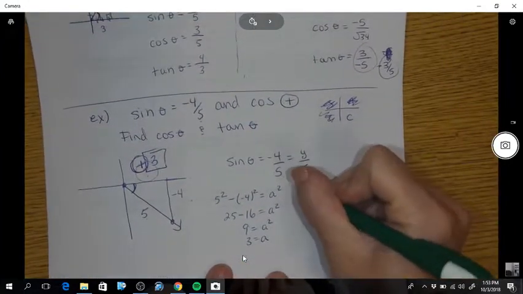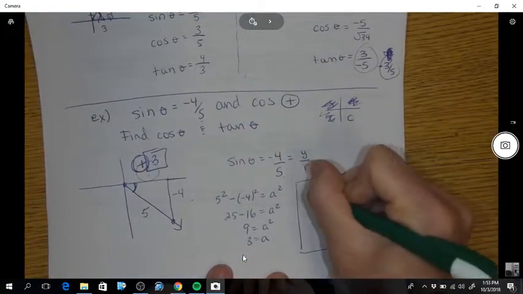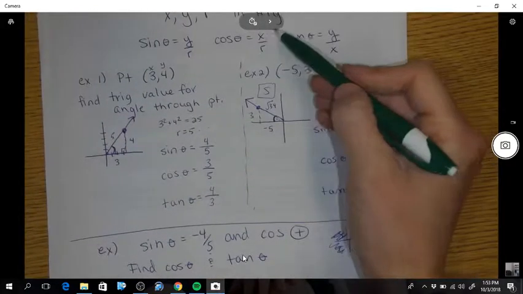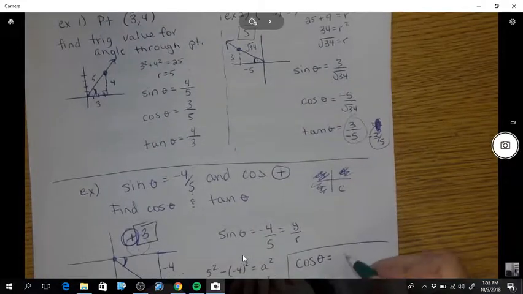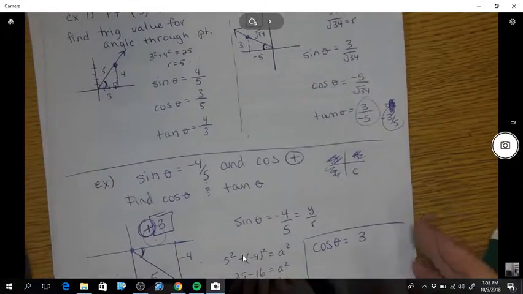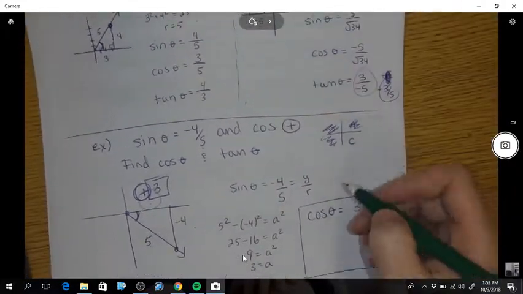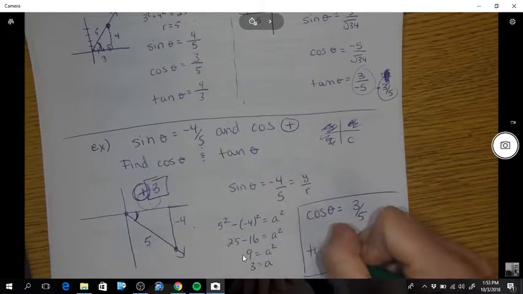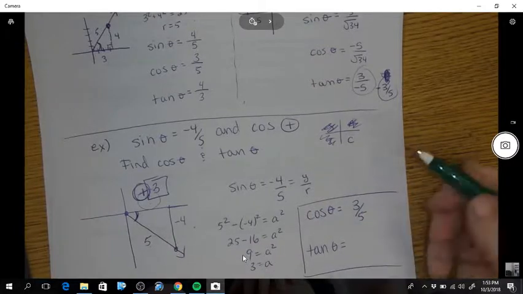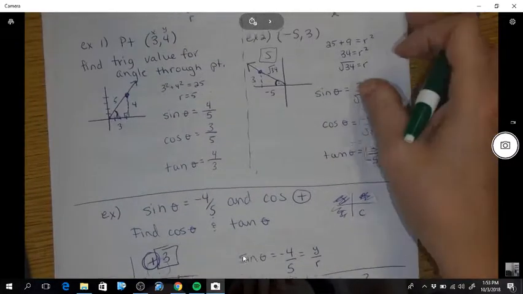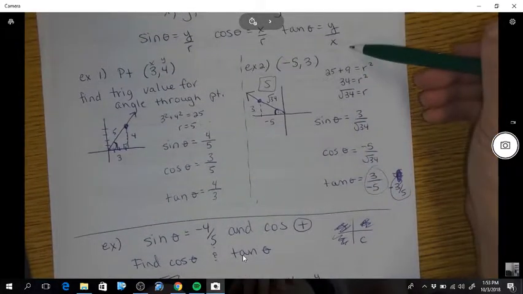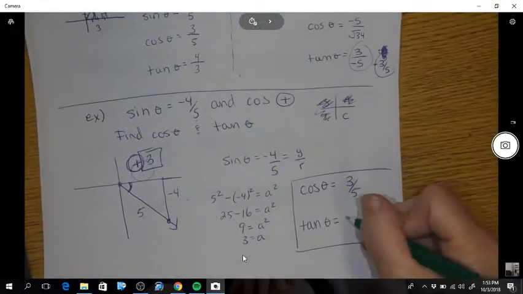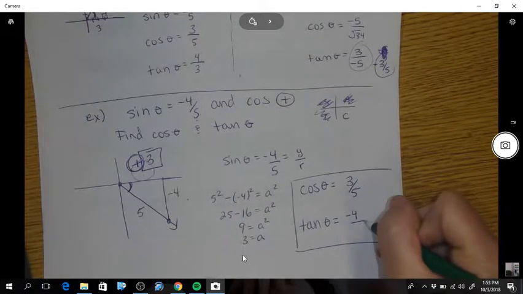Okay, so let's finish. Cosine of my angle is the ratio of x over r. So I'm going to go 3 over 5. And tan of my angle is the ratio of y over x. So I'm going to take my y value, which is -4, over my x value, 3.